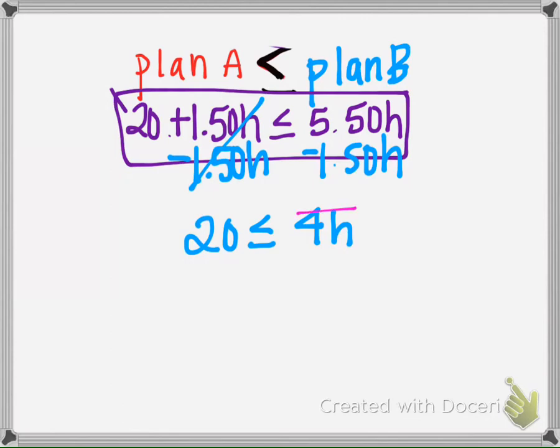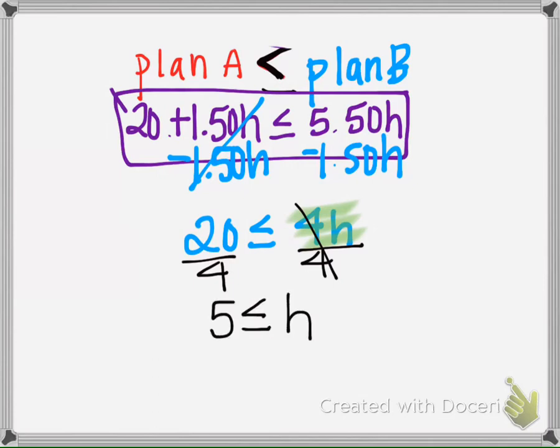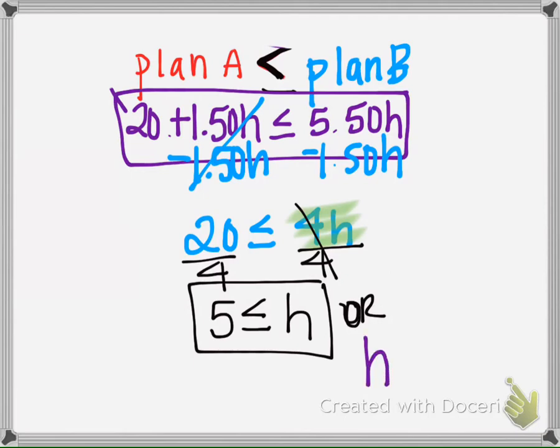And then once our variable term is all by itself, which it is, we have the h term all isolated, we divide by its coefficient, which is 4. And we now have h isolated. Typically we make fewer mistakes if the variable's first when we're discussing this answer. So my suggestion is to transfer it so that the h is written first.